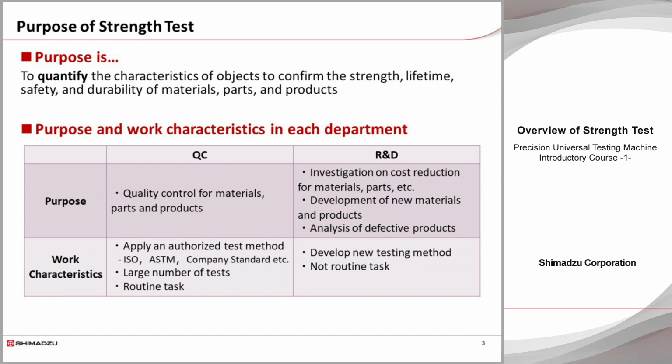For the test method, authorized testing methods such as ISO, ASTM, and company standards are applied. The work characteristic in this department is to perform routine tests with a large number of specimens.